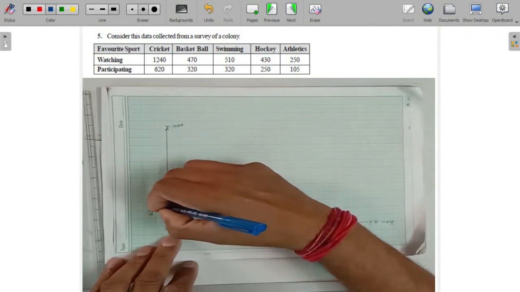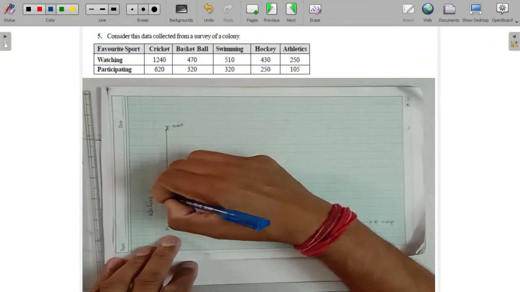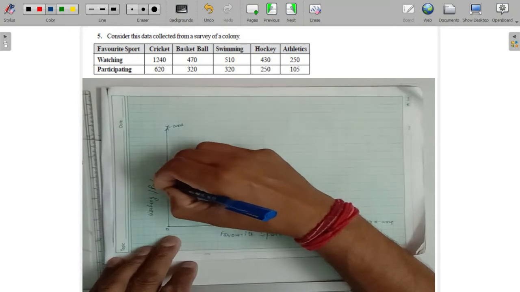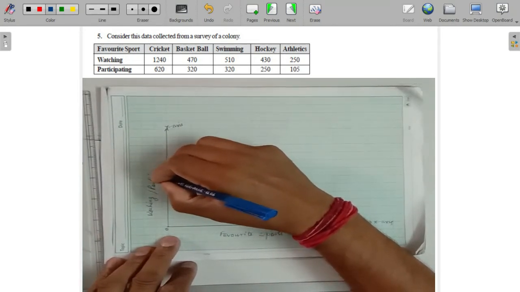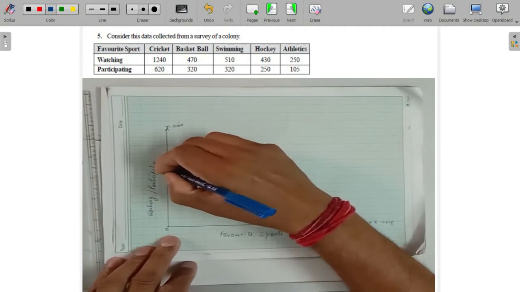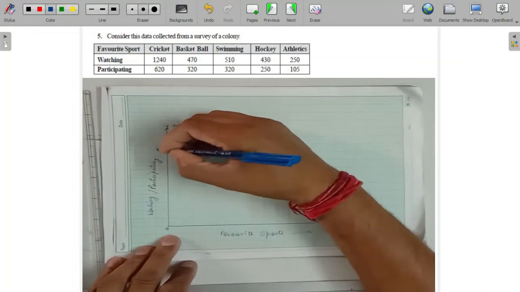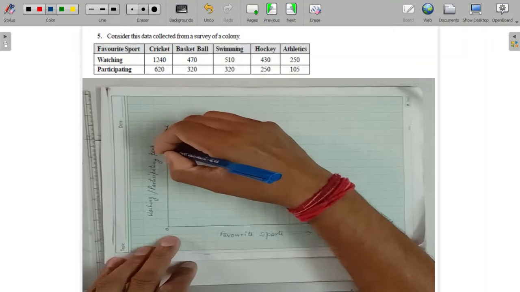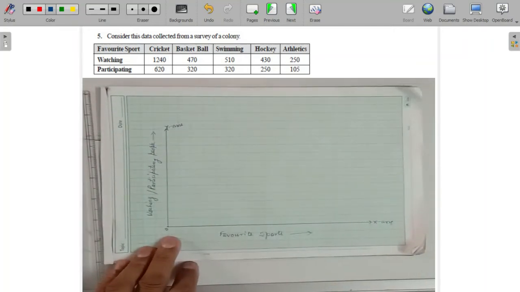Watching oblique participating people. This we represent on the y-axis.